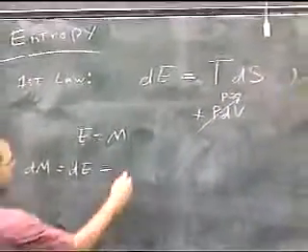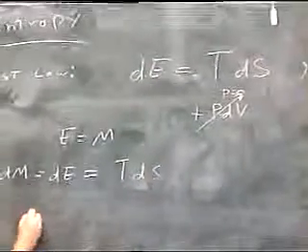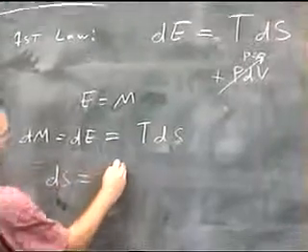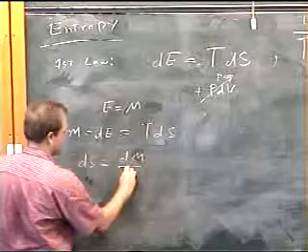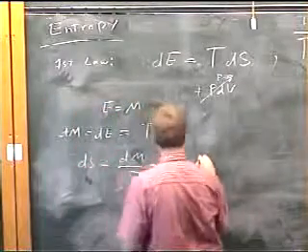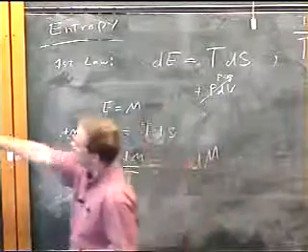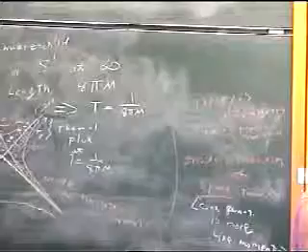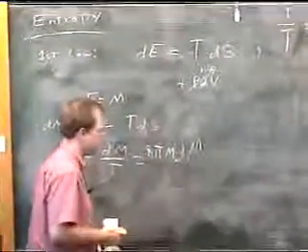But it's also T dS, or in other words, dS is dE, dm, over T, which is dm times, let's see, 1 over T is 8 pi m. So this is 8 pi m dm.